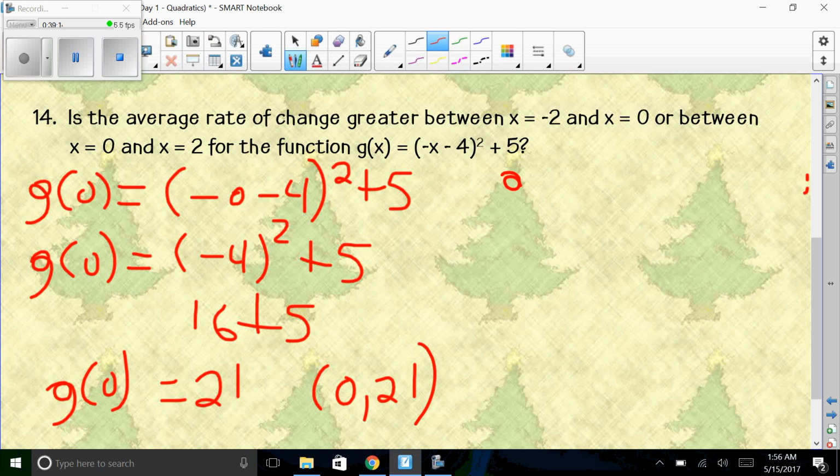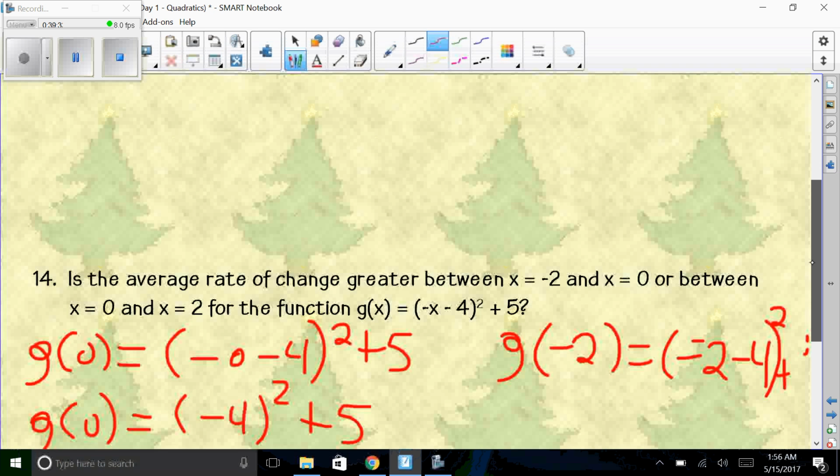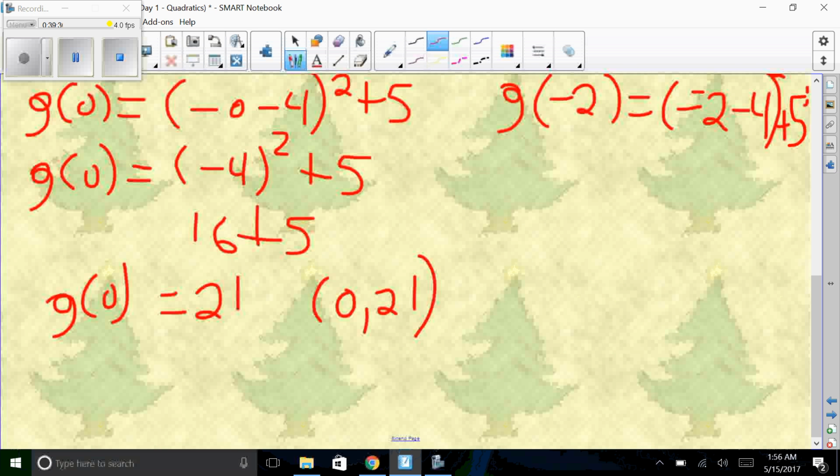And I'm going to plug in negative 2. Be careful here because there's a double negative. Negative is part of the formula, and you're plugging in a negative 2. So squeeze a 5 in there.